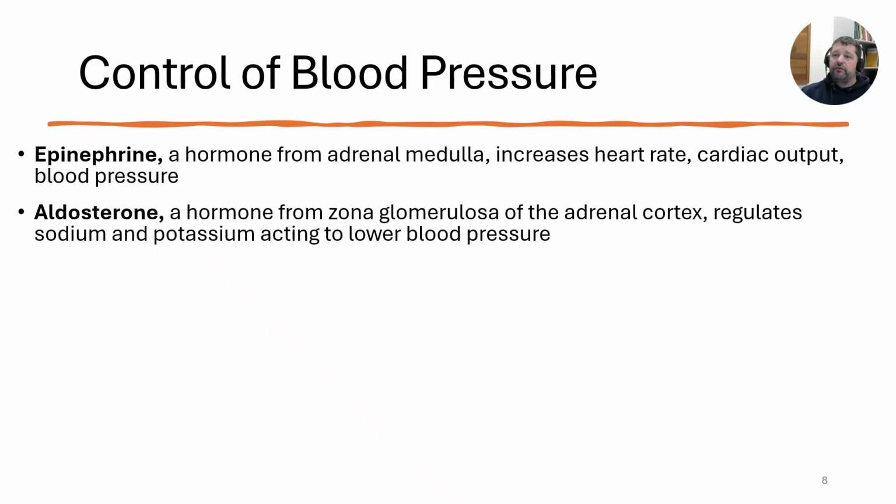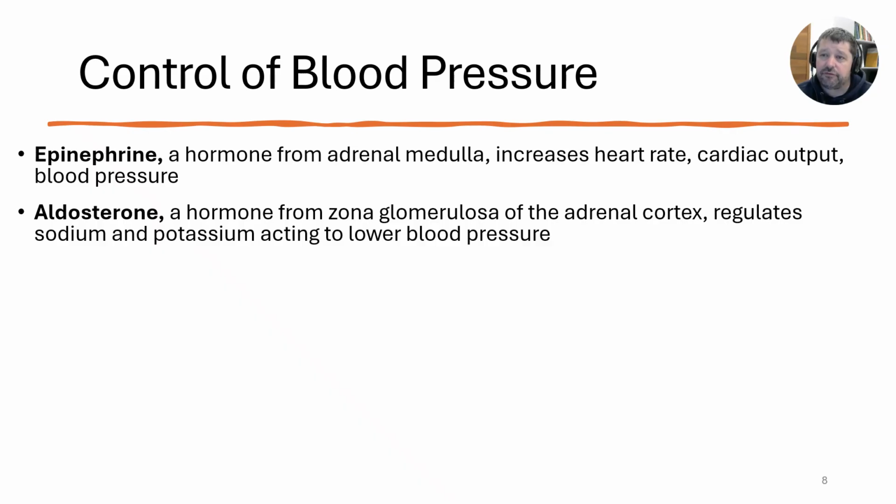All right, other ways that we can control things like blood pressure or the cardiac output. Epinephrine: you can get hormonal control of heart rate. That's a hormone produced in the adrenal medulla, and we know that epinephrine is related to fight or flight.